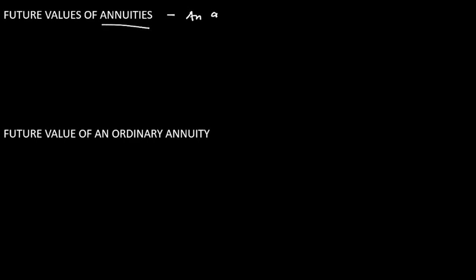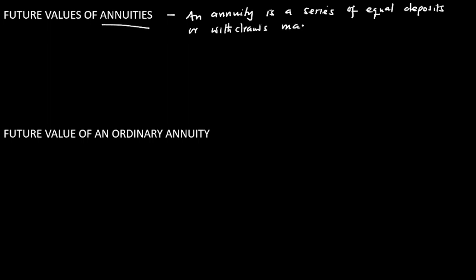An annuity is a series of equal deposits, or we can say withdrawals, made at equal intervals of time.